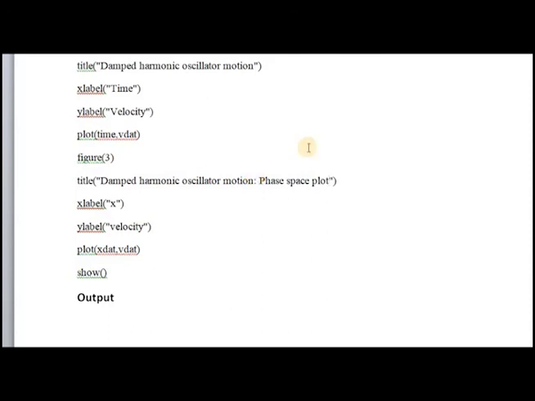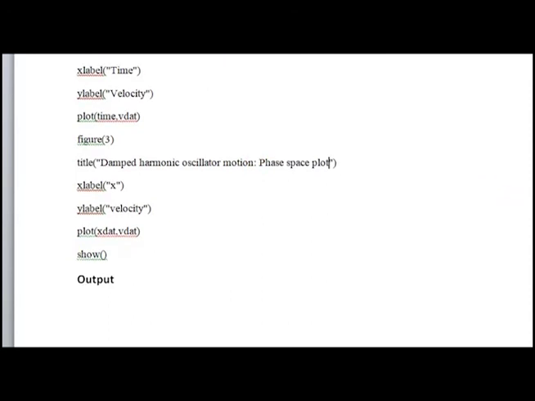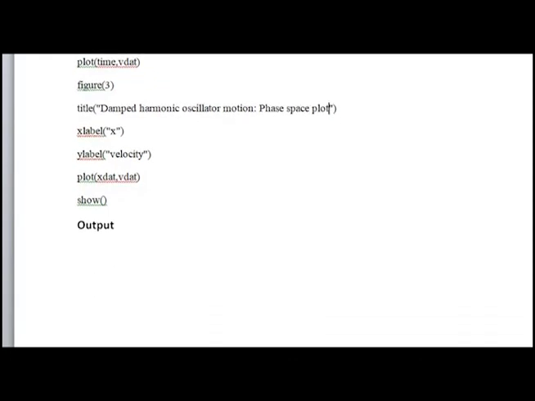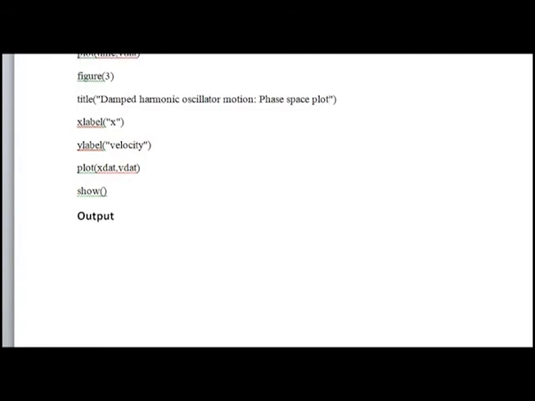You can go through your previous year's notebook, where we discussed the phase space plot of a damped harmonic oscillator. It is the plot between position and velocity. You can see the output windows.